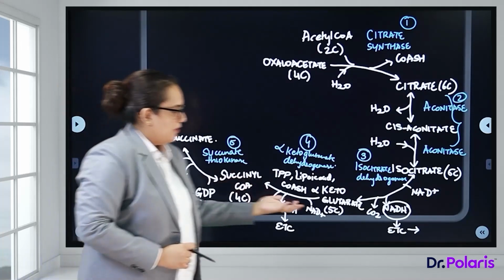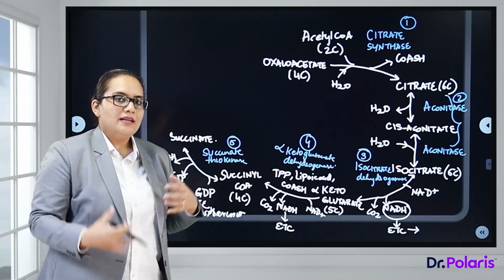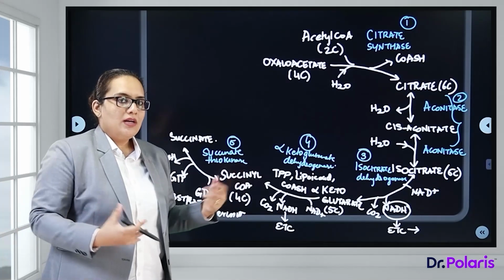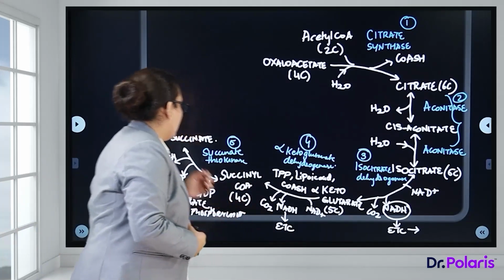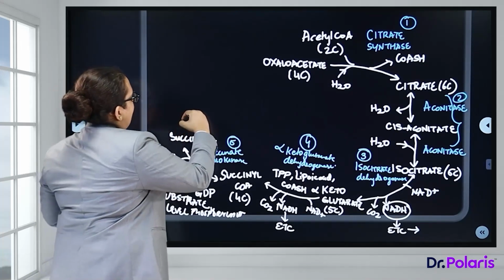Whereas energy production where the reducing equivalents enter into the electron transport chain and produce energy is called oxidative phosphorylation. So this was the fifth step. Now we'll move on to the next.